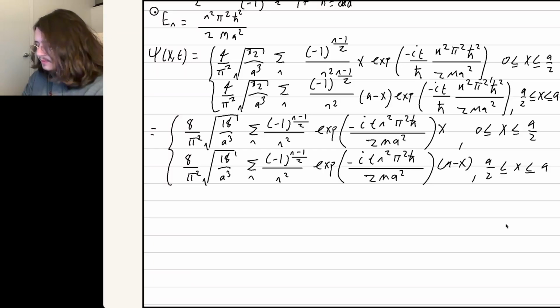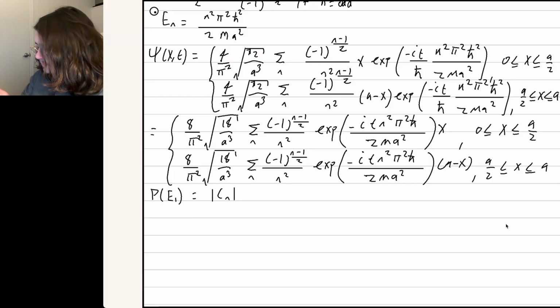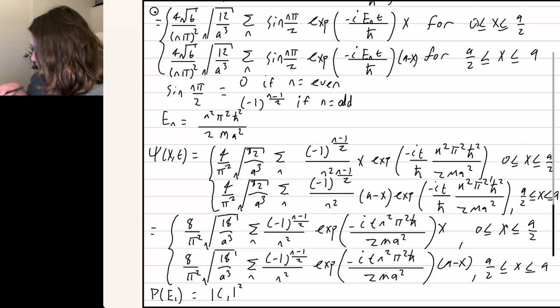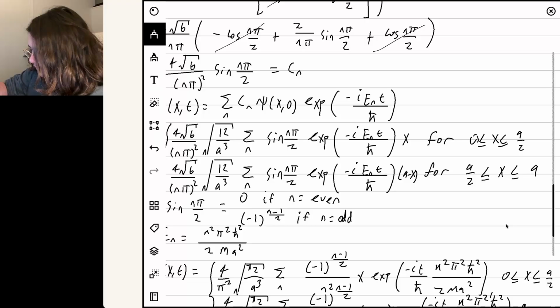Now there's still more to this problem. We need to find the probability that the state is in the ground state, which is very simply the square modulus of C1 squared. And we already know what C1 is, or we know what Cn is anyway. It's this stuff here.